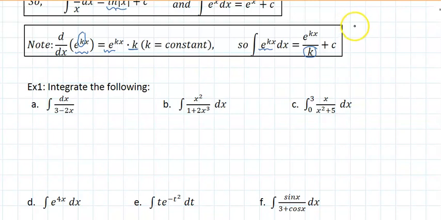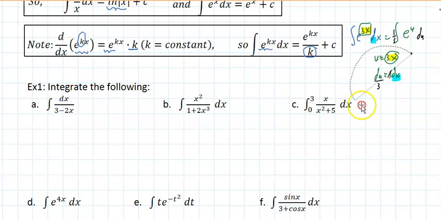So for example, if I'm looking at the integral of e to the 3x dx, I could say let u equal the power, because that's the tradition. du is 3 dx, so this is the integral, this would be my u, and my dx will be du with a 1/3, right?